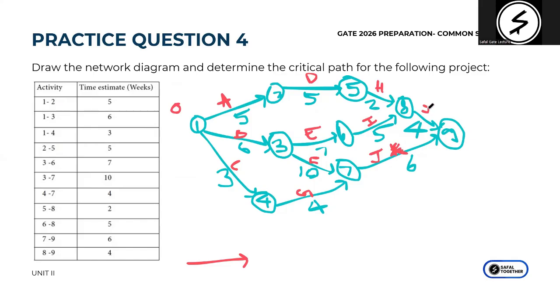So let's call this J and let's call this K. This is further right than this, so I changed it, nothing else.